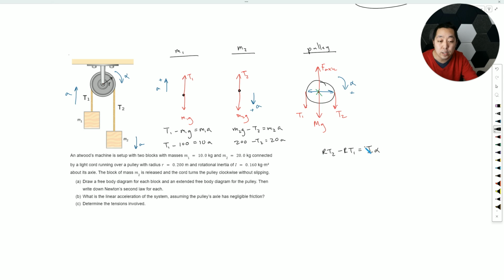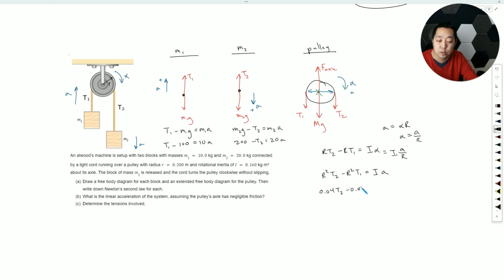And then for this one, we're going to use the fact that A is equal to alpha R, because the linear acceleration here matches the angular acceleration, right? Or alpha is equal to A over R, which makes this I A over R, and you can multiply by R to get R squared T2 minus R squared T1 is equal to I times A. The radius of this thing is 0.2, so 0.2 squared is 0.04.